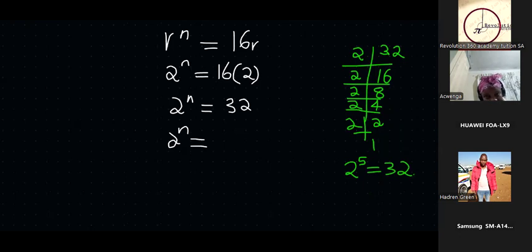Math says when the bases are the same, you equate the exponents. So what will be the value of n? n is equal to 5. Any question? No, sir. Okay. If there's no question, then we are now proceeding.